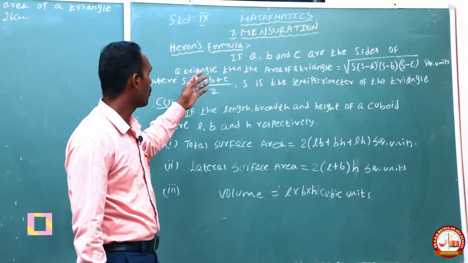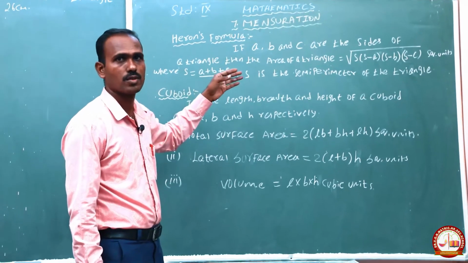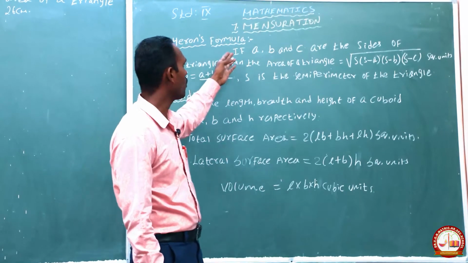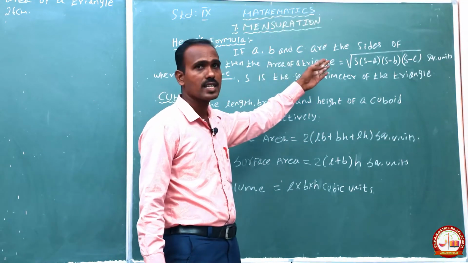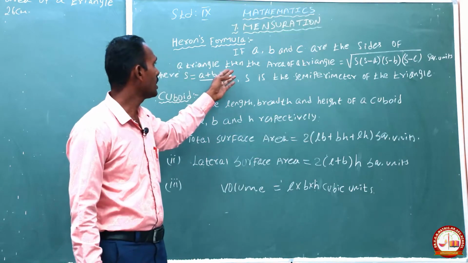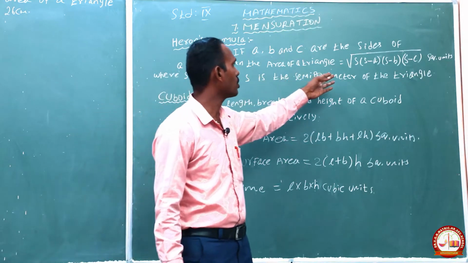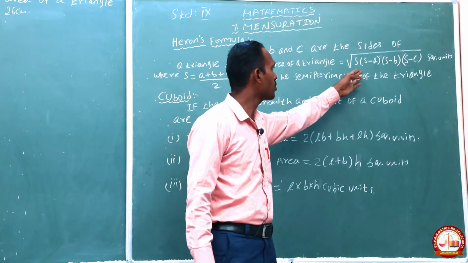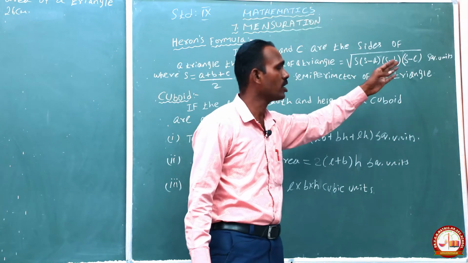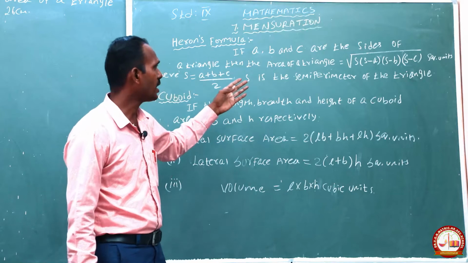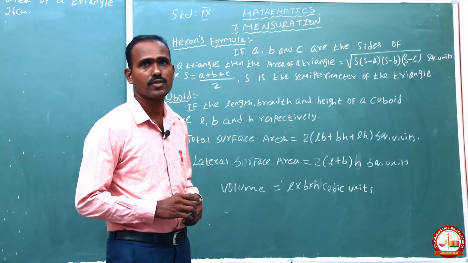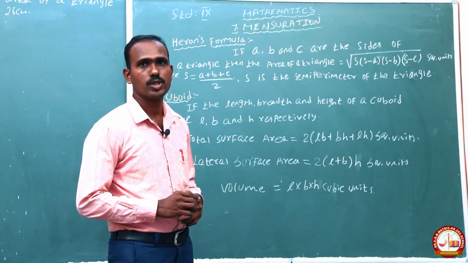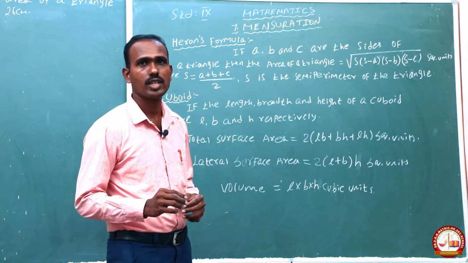Now we see some formulas. First is Heron's formula. If a, b and c are the sides of a triangle, then the area of the triangle equals root of s into (s minus a)(s minus b)(s minus c) square units. Here height is not given. If height is given, we know the formula: area of triangle equals 1 by 2 into base into height square units.